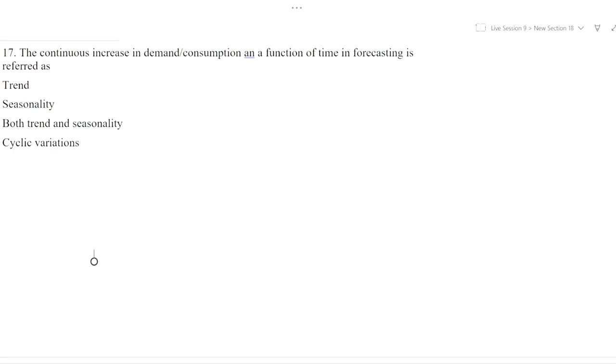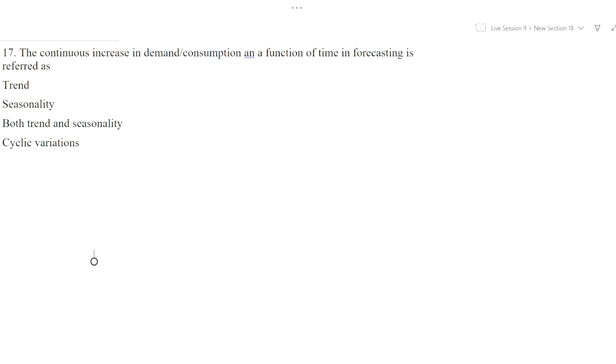The continuous increase in demand or consumption as a function of time forecast. Okay, this we already discussed. As a function of time, we discussed the time series model, which has constant, trend, cyclic variation, seasonal variation, irregular variation.